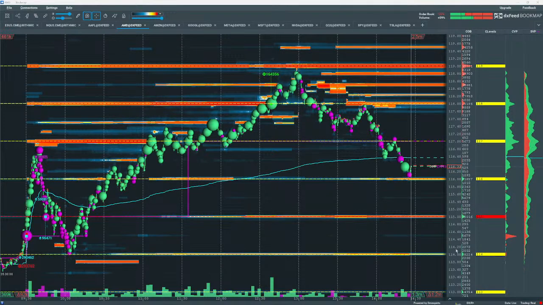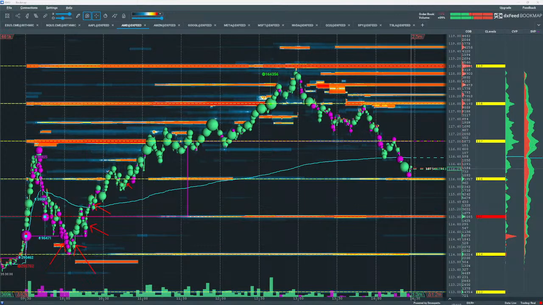Here's the reversal right around 10 a.m. Aggressive sellers take price down right to the 114 level shown by the magenta dots, and then aggressive buyers start to come in as traders start buying calls, move price higher, pull back entries up to liquidity targets at 117, 118, and then price did not quite make it up to 119.